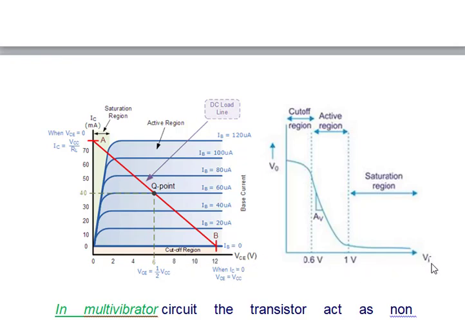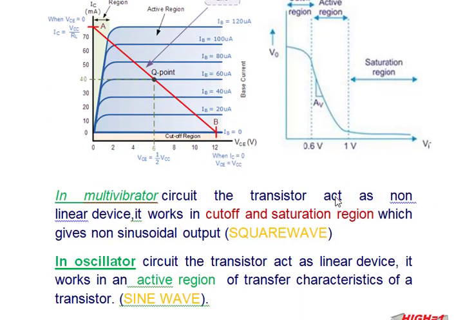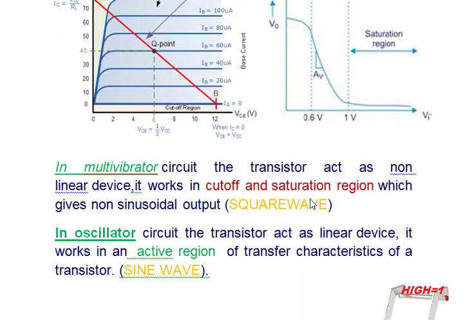In the same way, a graph is drawn between the input voltage and output voltage. Here we get the graph like this. Here it is the cutoff region, it is the active region, and it is the saturation region. In a multivibrator circuit, the transistor acts as a non-linear device. It works in the cutoff and saturation regions.